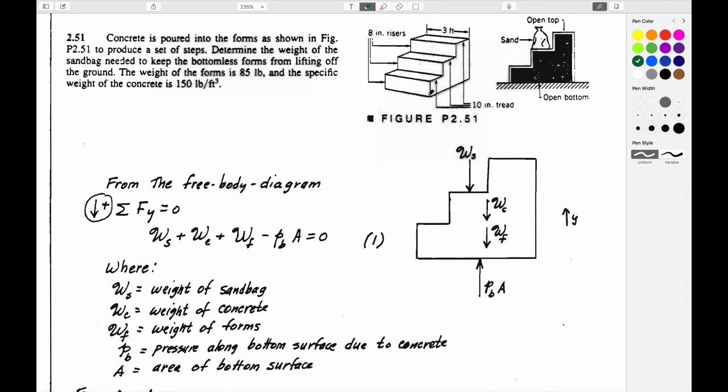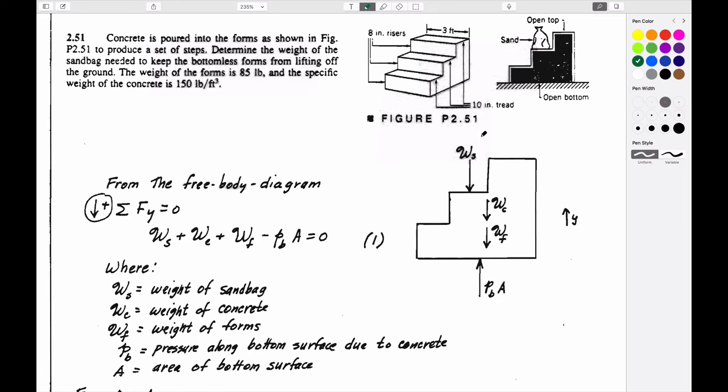The form is filled all the way with concrete, and it has an open base and sits on the ground. The basic question is, what weight of material do you have to put here to stop this thing floating off and spilling all the stuff from underneath it? What's the minimum weight that you have to put on this to be able to do that?